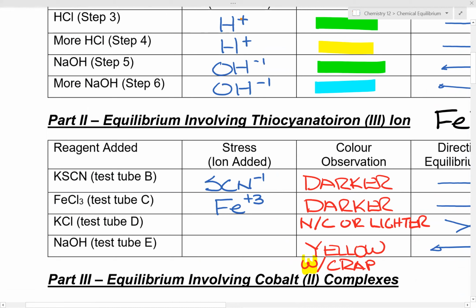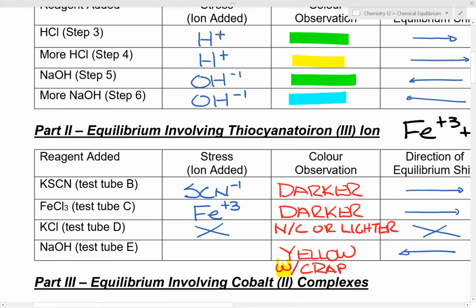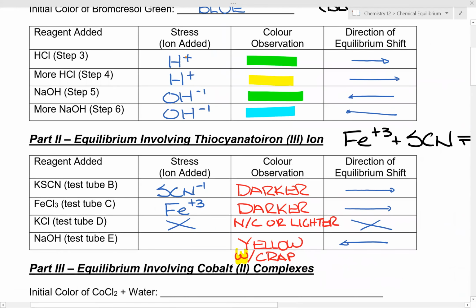Okay. Now, KCl, there is no stress. Why is there no stress? Because there's no K or Cl in the original equation. Okay? There's no K or Cl in the original equation.